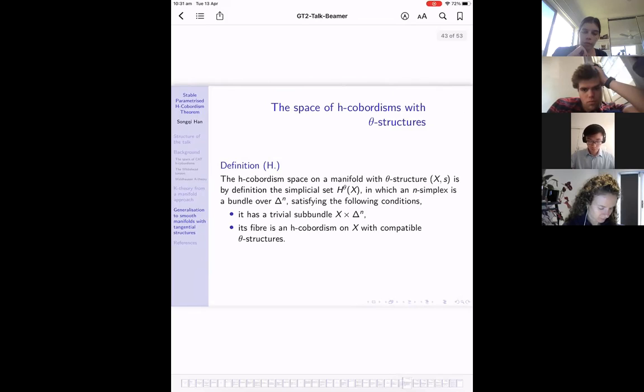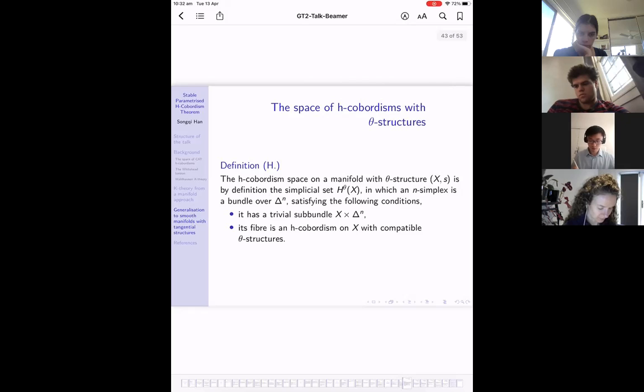And we make a definition of the space of h-cobordisms with tangential structures, which is similar to Waldhausen's definition. The h-cobordism space on a manifold with theta structure is by definition a simplicial set in which an n-simplex is a bundle of h-cobordisms on X with compatible theta structures.